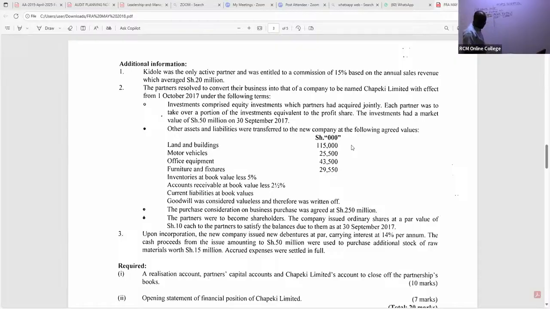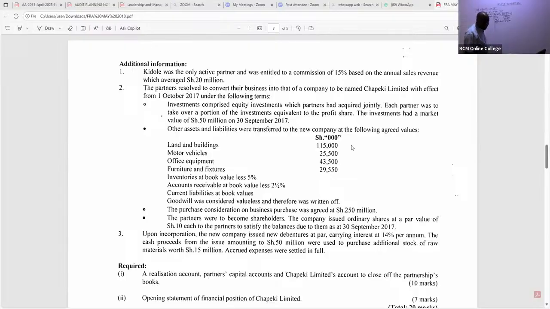Then we have motor vehicle at fair value, not net book value, because now we are in the company's books, the one taking them over. So motor vehicle is 25,500. And then we have office equipment, 43,500.